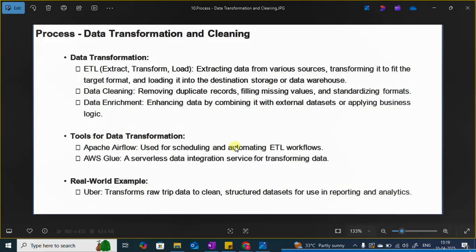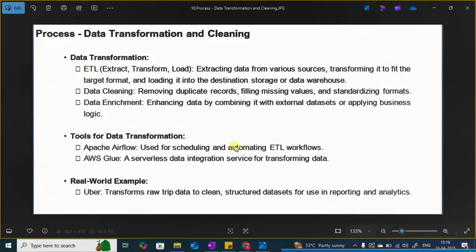You have to transform it and load it into the destination or data warehouse. Data cleaning takes care of removing duplicate records, handling missing values, standardization, and normalization. Now data enrichment: enriching data by combining it with external data sets or applying business logic.